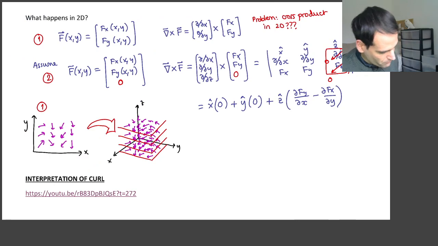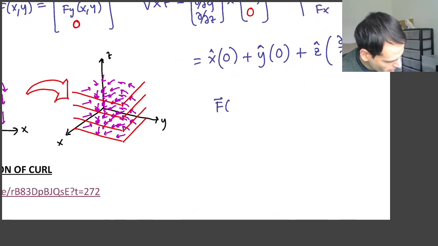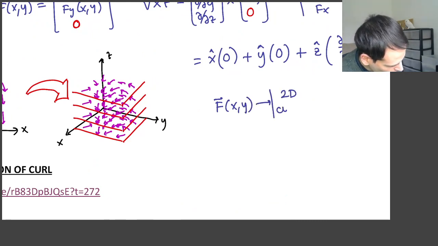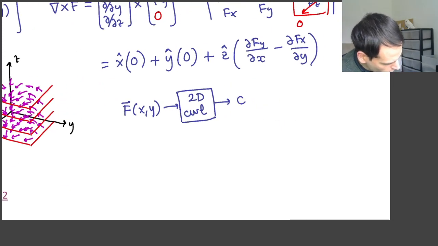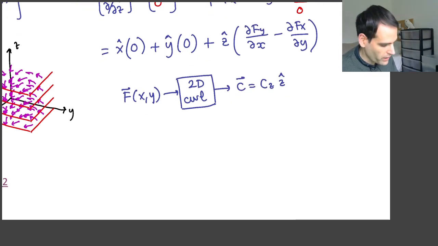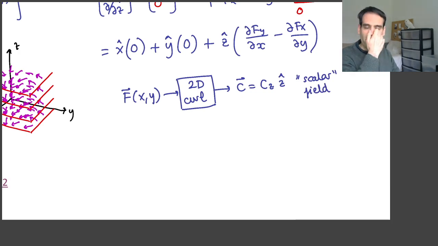Now, sometimes the interpretation for this is that for a vector field in 2 dimensions, we apply something called the 2-dimensional curl, and the result is a vector field that has only a z component. Okay? In other words, we can interpret this as being a scalar field. Because what's the difference between a vector that only has a z component or a scalar, right?